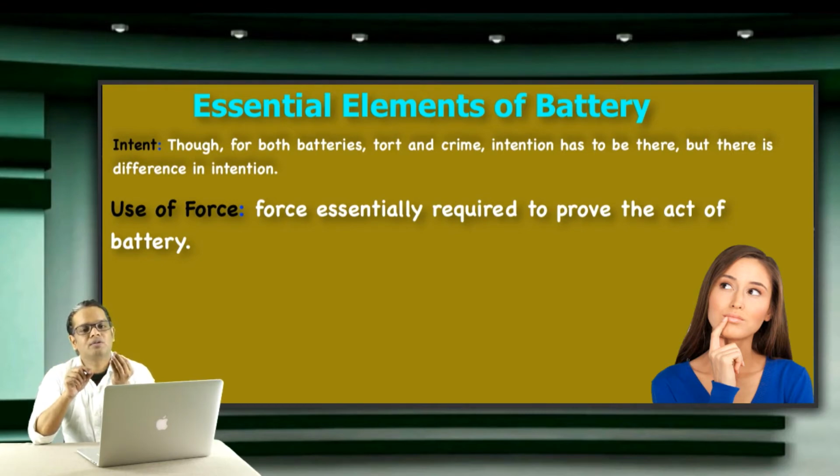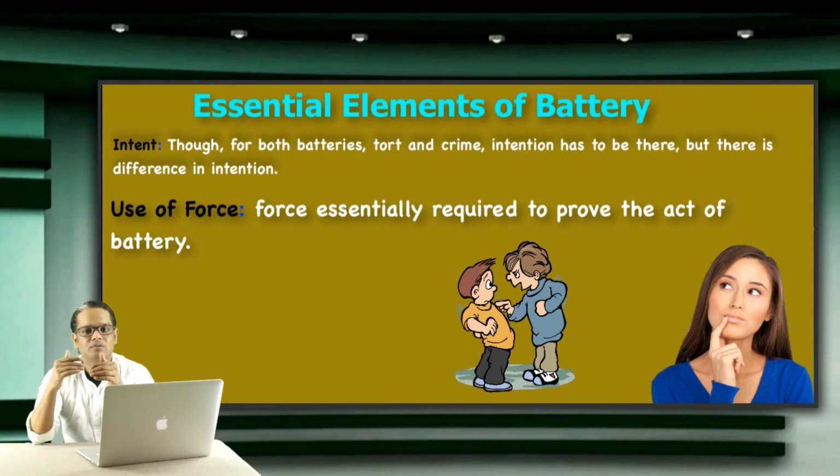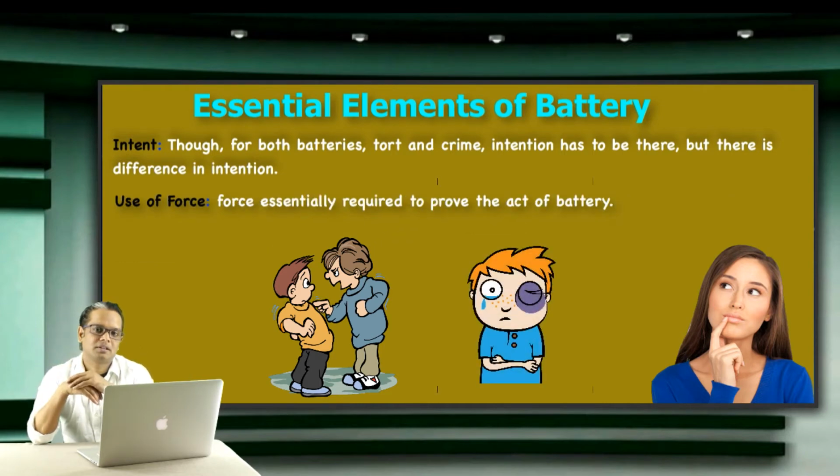In order to prove the intention, action is required, and that is in the form of use of force. So, you have the intention to hurt someone, and subsequently you hit that person by any means to hurt that person. So, you applied the force in order to inflict injury.